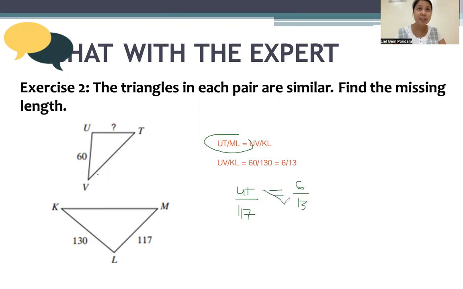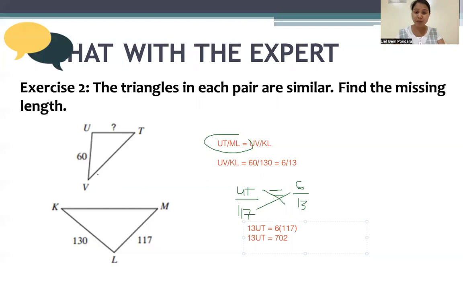Now we cross multiply them. We have 13 UT is equal to 6 times 117. So we have 13 UT is equal to 702.